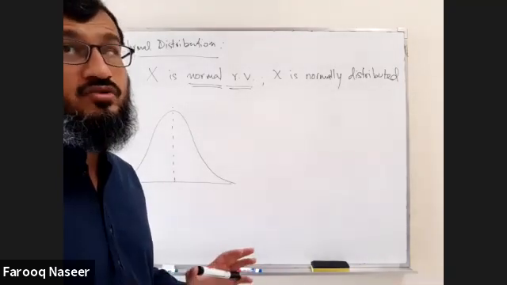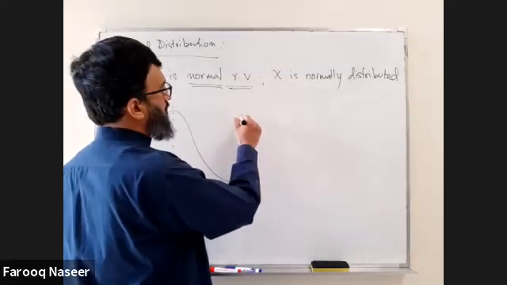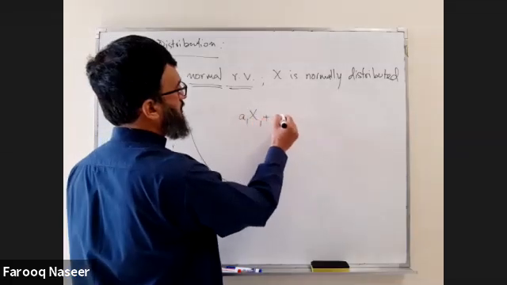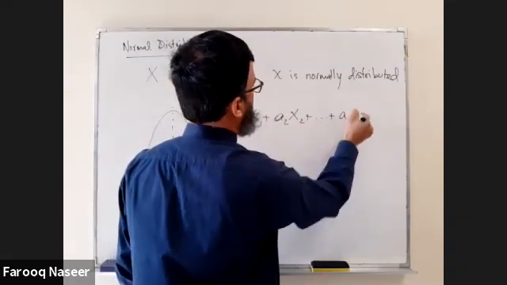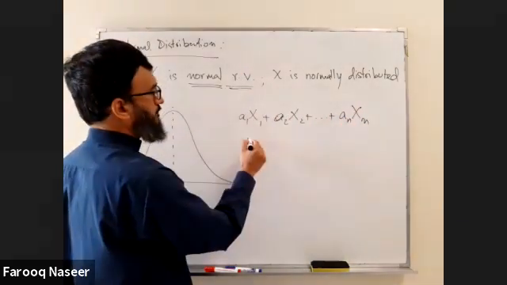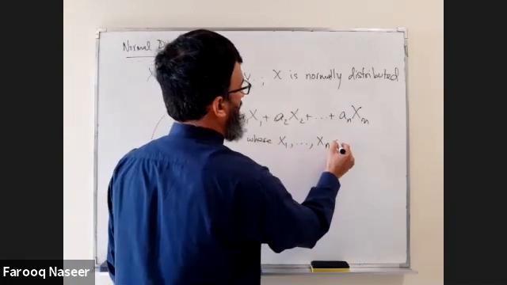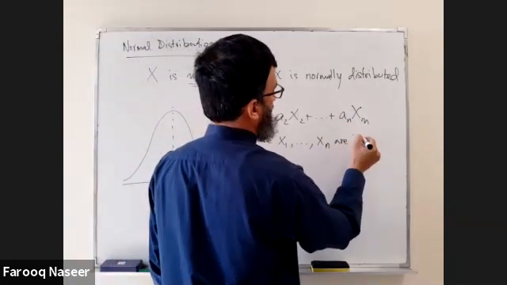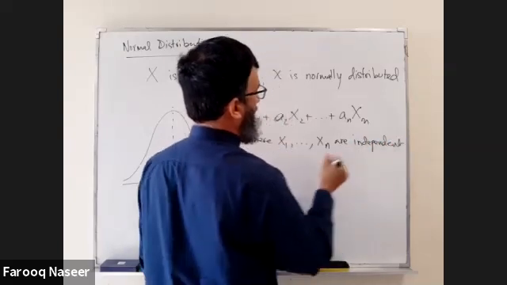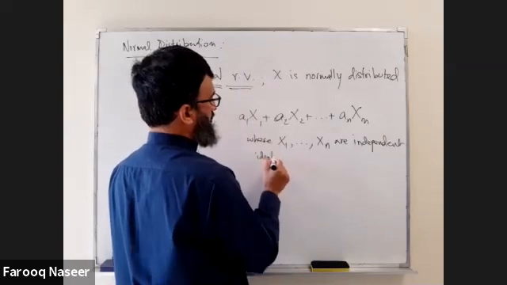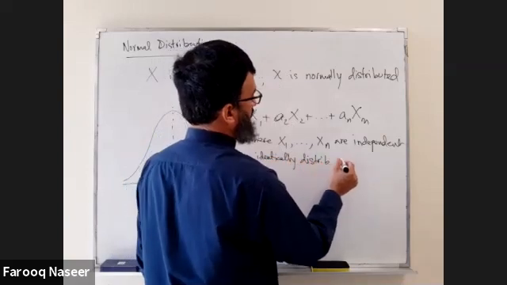If you take a linear combination, so maybe multiply them with a constant and then add them, the resulting variable that you get is where x1 through xn are independent and identically distributed normal random variables.